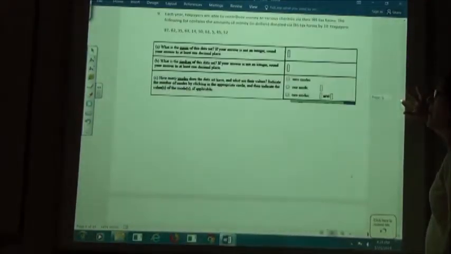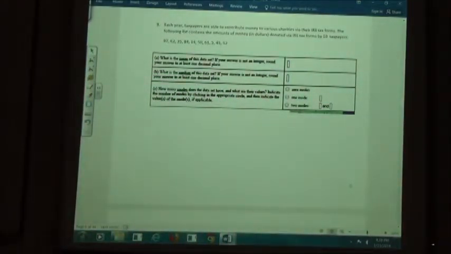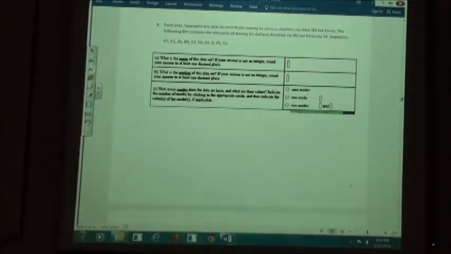All right, number 9. We are going to do the mean first. So on number 9, we are going to add them all up and divide by how many of our numbers are on my list? 10 in this case. And so, to at least 1 decimal place, what are you getting for the mean? There's 10 of them.